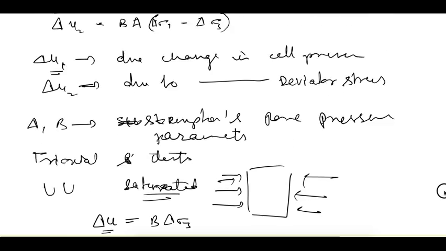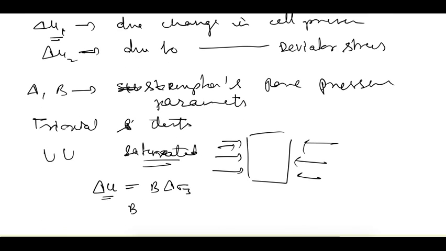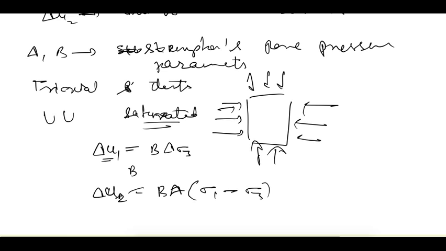So from here, if we use this equation, we can find out B, and at the second stage of this test, when we apply the deviator stress, the change in pore pressure that comes, we can relate with the change in deviator stress. So in this test we can find out these pore pressure parameters.